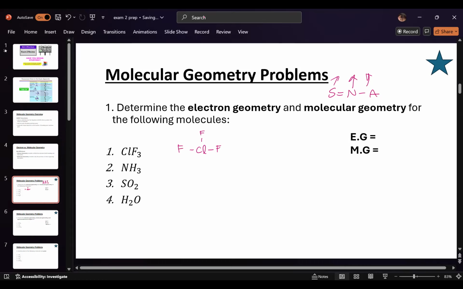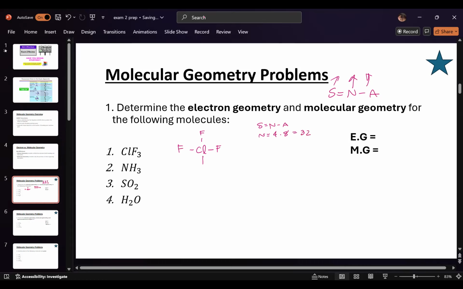So for ClF3, I drew the main skeleton. How do I use S equals N minus A on this? N is you count how many things can fulfill the octet rule. So you have four things here that fulfill the octet rule. 4 times 8 is 32.